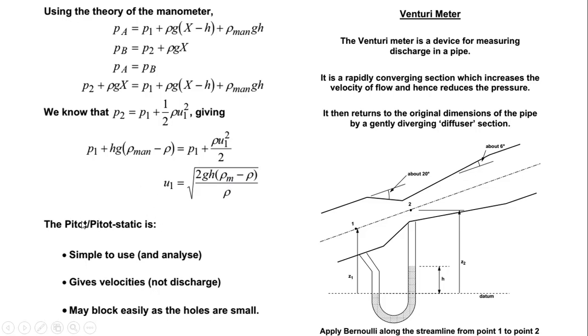The advantage of using a pitot tube is simple: it gives velocities. The major advantage is that it is simple to use and analyze, but its setbacks are that it only calculates velocities. We can't use a pitot tube to find discharge, and it may block easily.